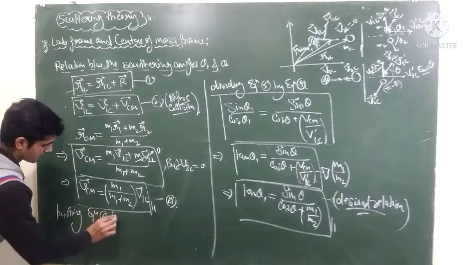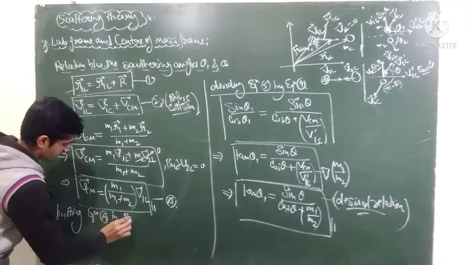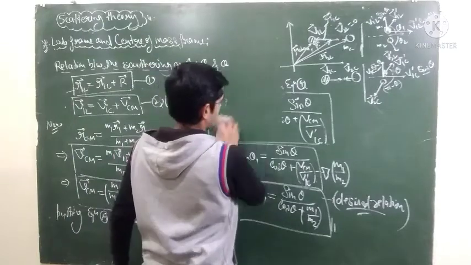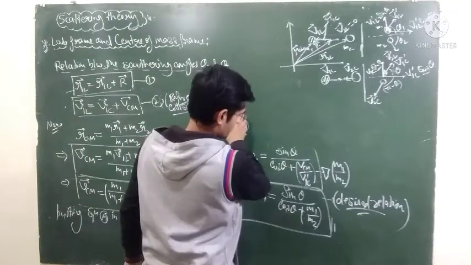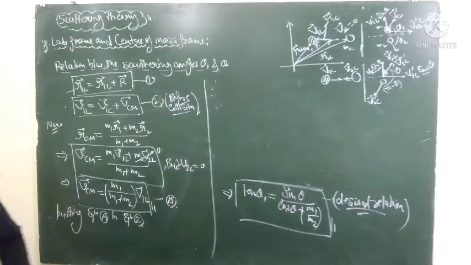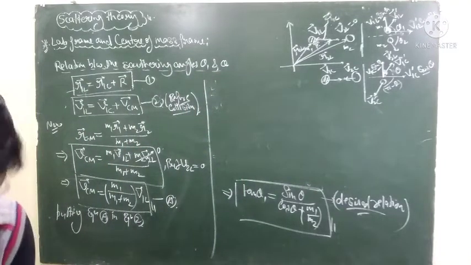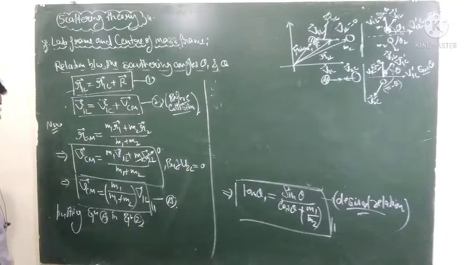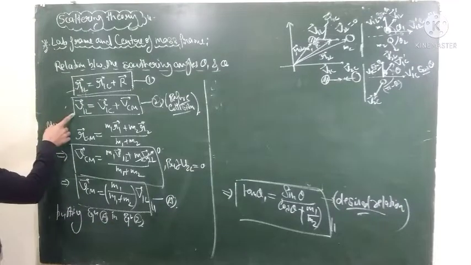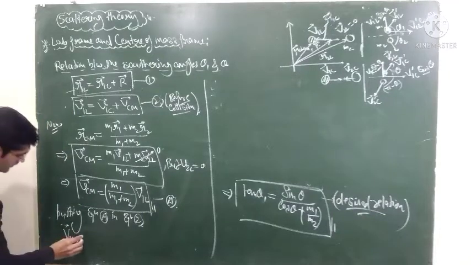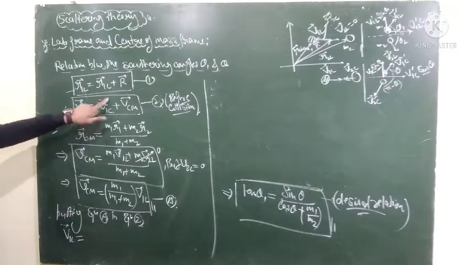equation A in equation 2, so let me just rub it to make some space. So after doing that, what we will get is that V1L will be equal to V1C dash.